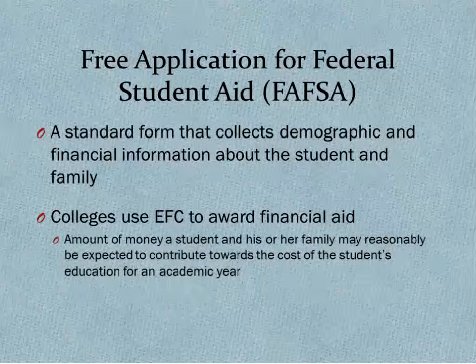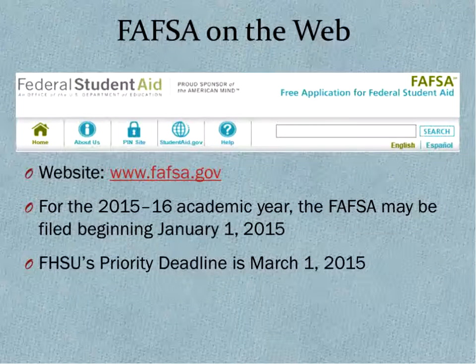The EFC is the amount of money that is expected by the student and his or her family to reasonably contribute to the cost of the student's education for an academic year. There's a formula that the Department of Ed uses in order to determine, based on the income information that is provided, what a student's EFC is.